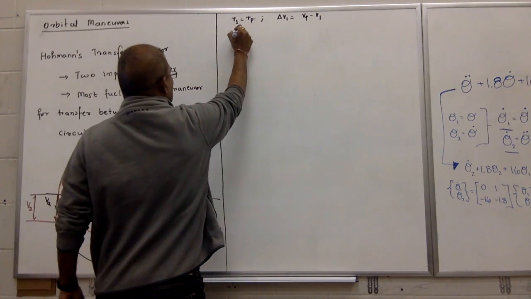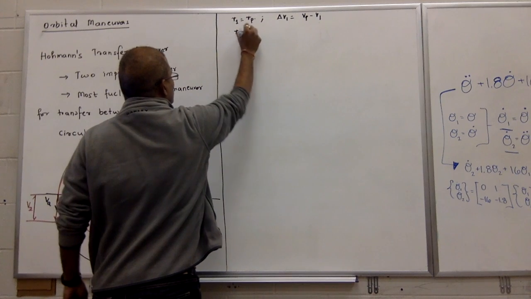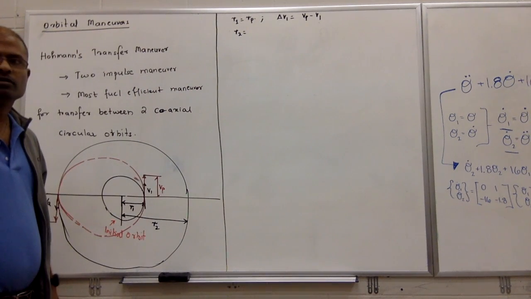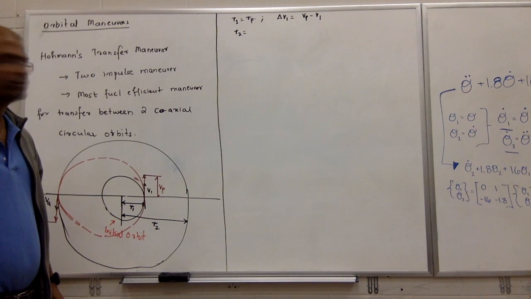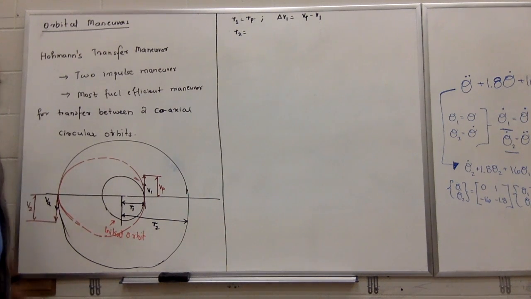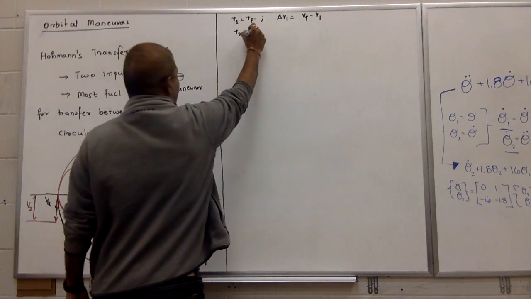What is R2? That's the orbit that we're trying to get to. This is RP, that's the perigee.